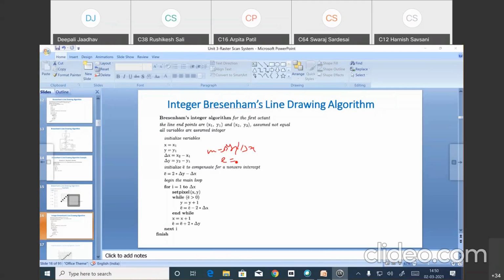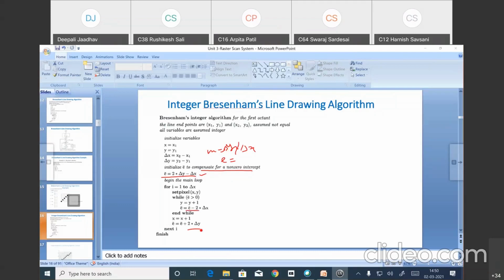So instead of calculating e with the previous method, here it uses another method: e is equal to 2 delta y minus delta x, and these values are used to decrease or increase the value of e. Now see how this algorithm works.